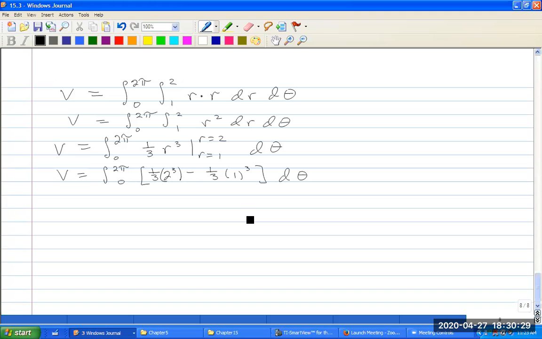And so this is equal to the integral from 0 to 2 pi of 7/3. If I integrate that, I get 7/3 theta between 0 and 2 pi. I plug in, I get 2 pi minus 0, which is just 2 pi. And so this is 7 times 2 pi over 3, which is 14 pi over 3. And that is your volume.